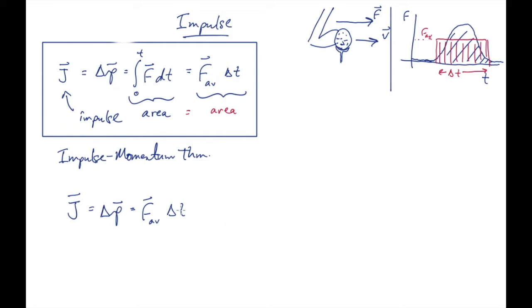Now, what do we do with this equation? A common application is to solve this for the average force. If I wanted to know the average force on this golf ball, what I would do is I would say the average force from the impulse momentum theorem is the change in momentum divided by however much time that club was in contact with the ball.